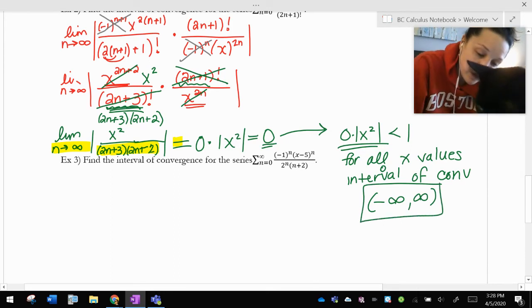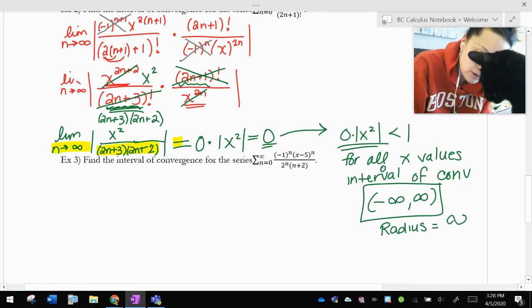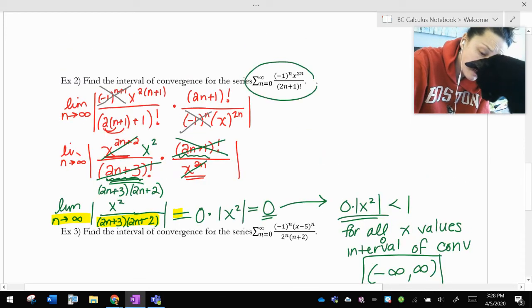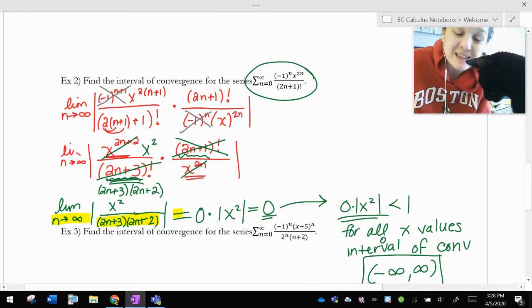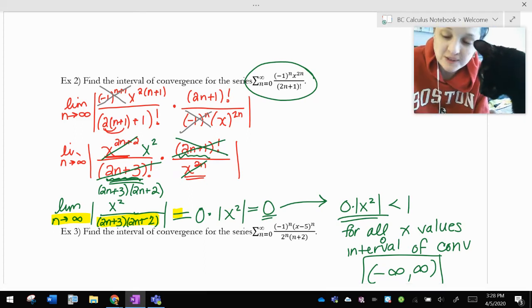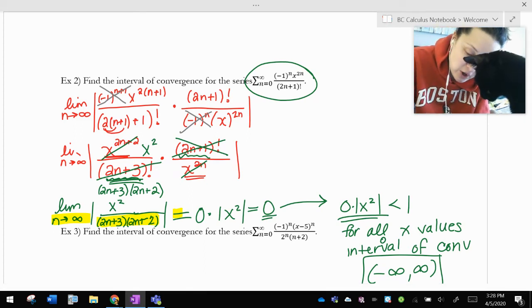That means my radius of convergence is infinity. Okay? So here is an example of a function whose radius of convergence is infinite and whose interval of convergence is infinite.